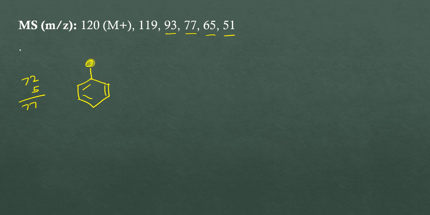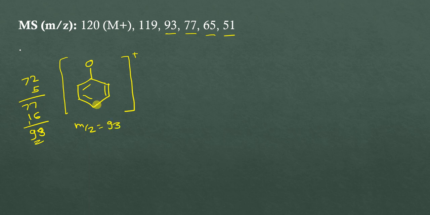And we'll take one more oxygen attached to this. So it is 16. So if you make the sum of this, it is 93. So that m/z 93 must be this.